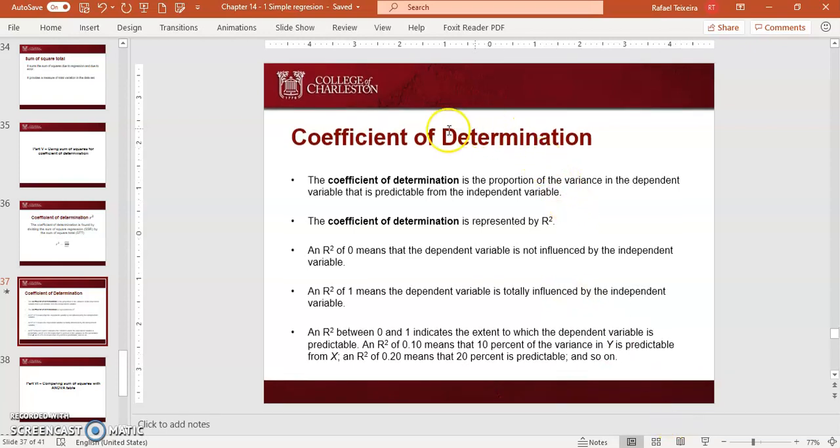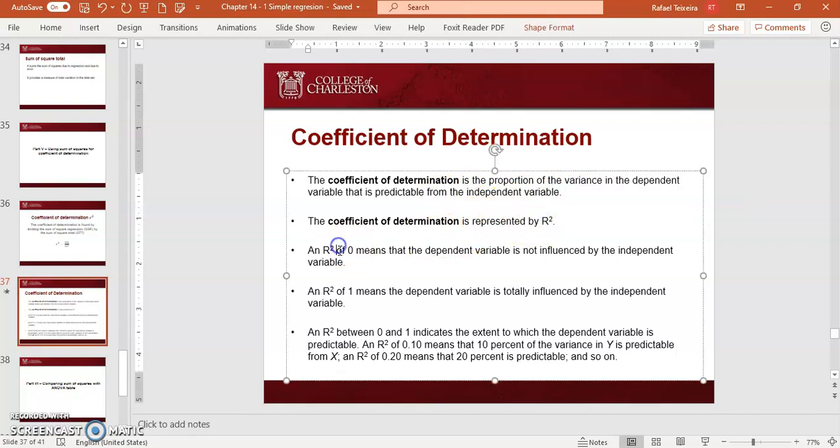So the coefficient of determination is the proportion of the variance in the dependent variable that is predictable from the independent variable. Okay, so how much of the dependent variable is explained, is predicted, or is predictable from the independent variable is represented by r squared.